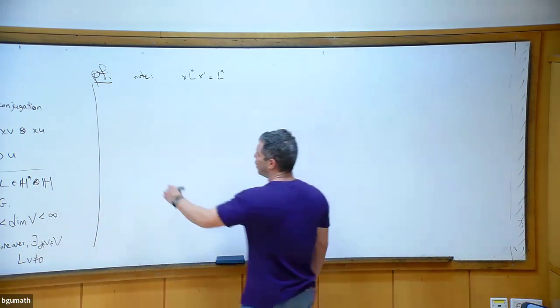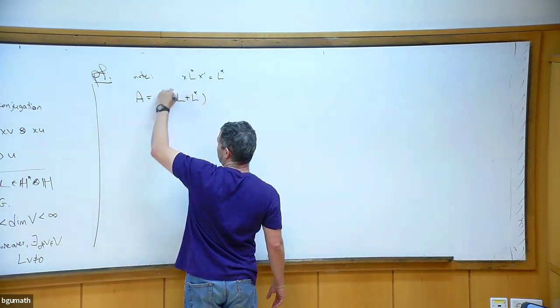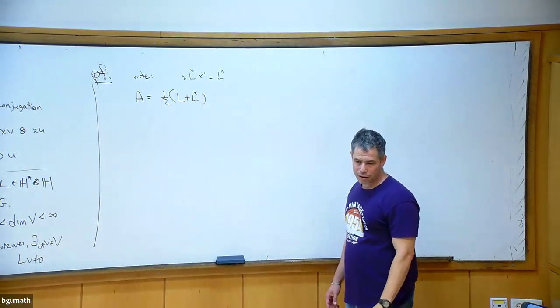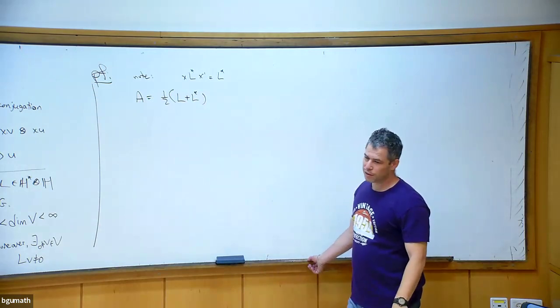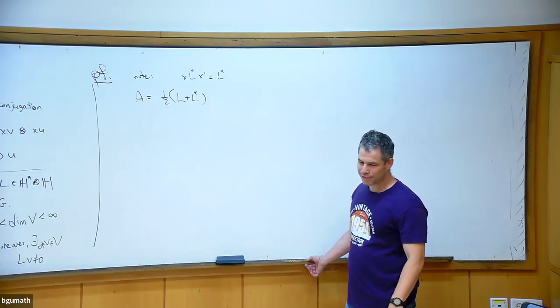And then you define A to be 1/2 (L plus L star). Symmetrize L and you get the Hermitian part of L. The anti-Hermitian part, right? You can do it. Again, you think of this as the real part of L, and there's the imaginary part of L.